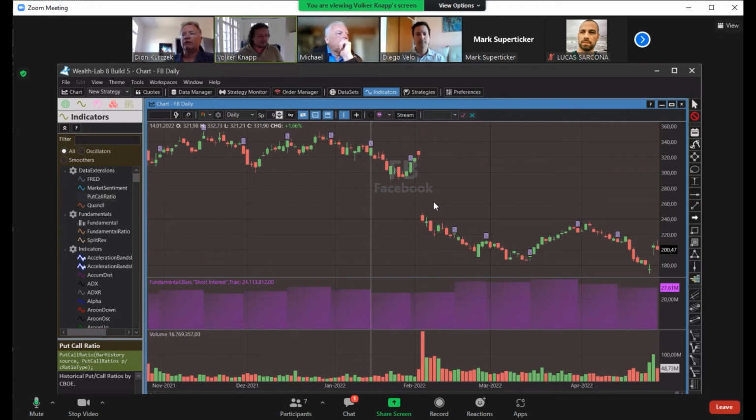So you'll notice we have another indicator there, fundamental ratio. That lets you create a ratio of two fundamental items, so we can divide the short interest by the number of shares and get that value. You don't see it, but in the background, I'm actually installing that fundamental extension. And that's the amazing thing about it.